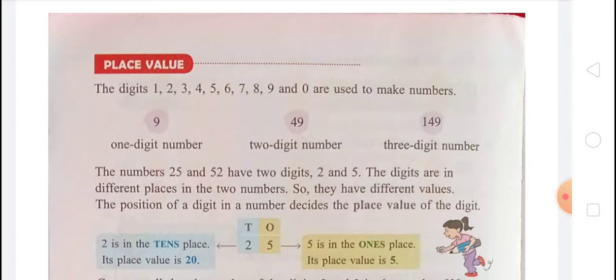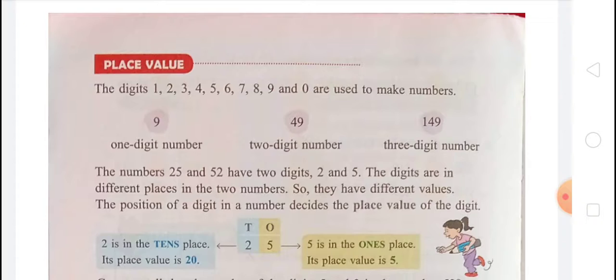Place value, do you know what place value is? You can see on your screen some digits: 1, 2, 3, 4, 5, 6, 7, 8, 9 and 0. These digits are used to make numbers. You can make any number from these digits. If you want to make a one-digit number, you use one digit.